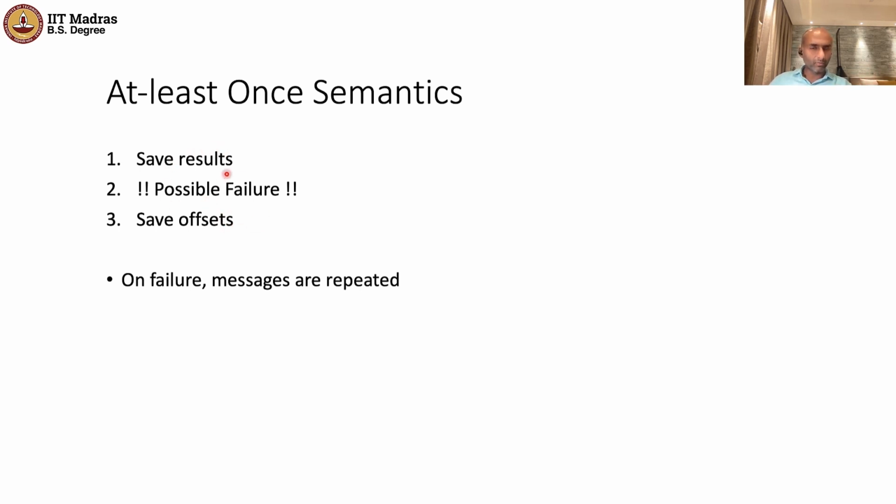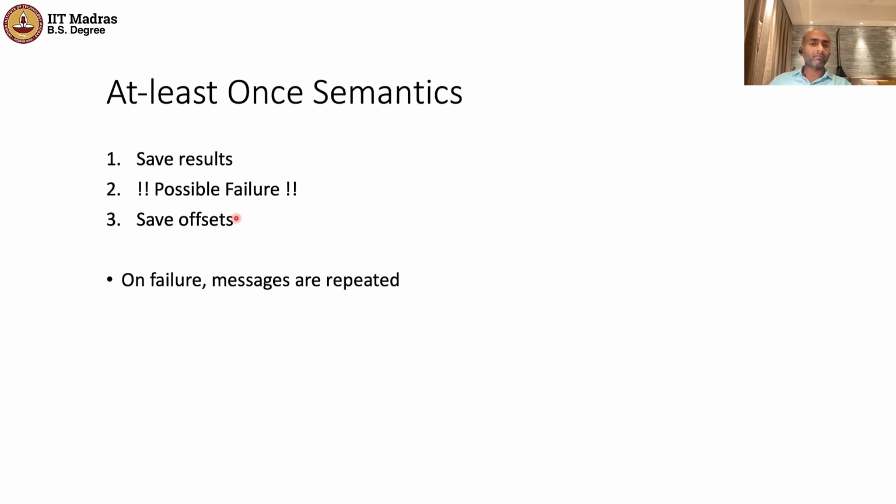The challenges come in only when failures occur between the two salient steps of saving the result and saving the offset. So in this case, the failure occurs after saving results but before saving offsets. I've gone ahead and processed the offset 10 message and saved the result, and then a failure occurs. Now if the consumer is restarted, where does it pick up from?